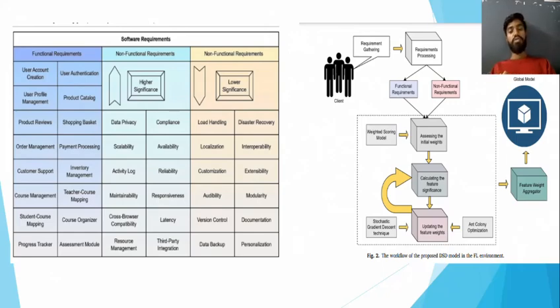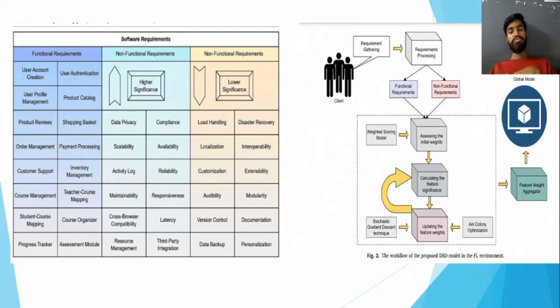Here we have how the workflow of the DSD model in the FL environment works. First, the client requirements are gathered, and the requirement process occurs in two steps: the functional requirements and the non-functional requirements. Then both of these are assigned initial weights through the weighted scoring model.